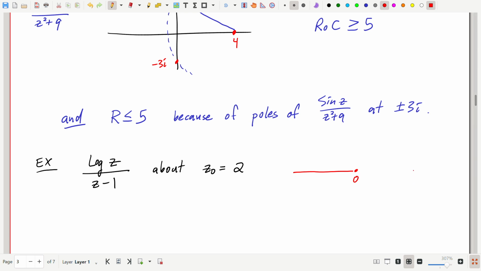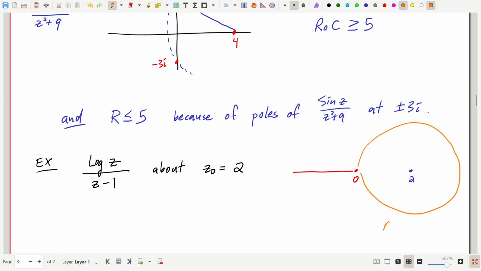So you might think that, okay, I'm looking at 2 here. You might think, oh, the biggest disk I can stick in here is the disk of radius 2. That's not quite right, but that looks better.